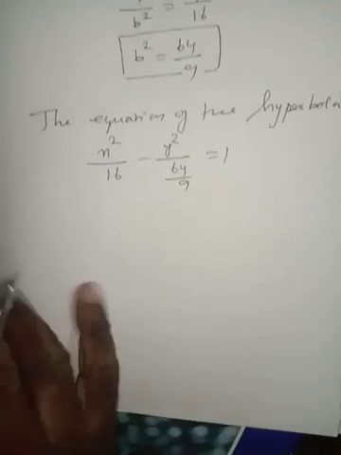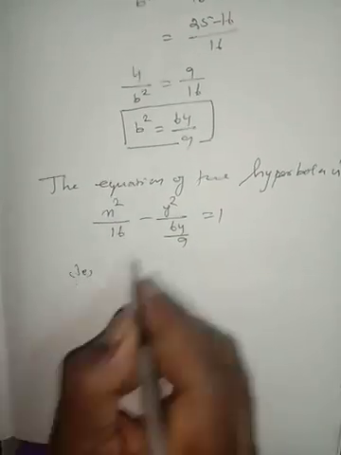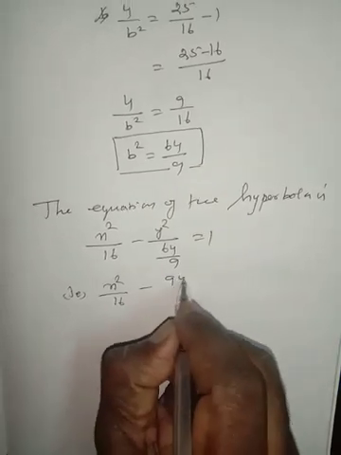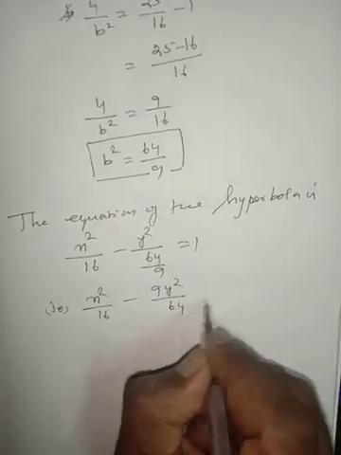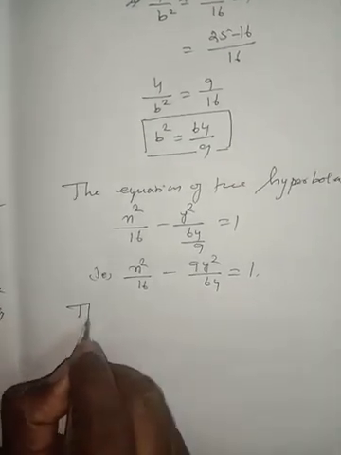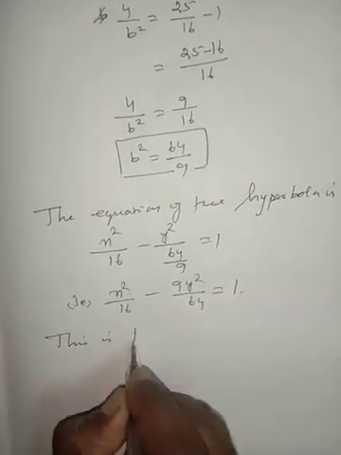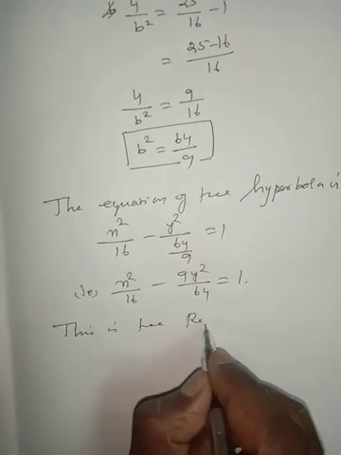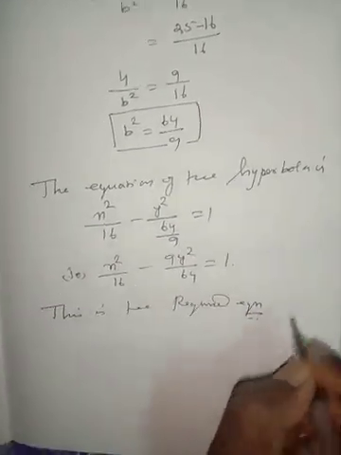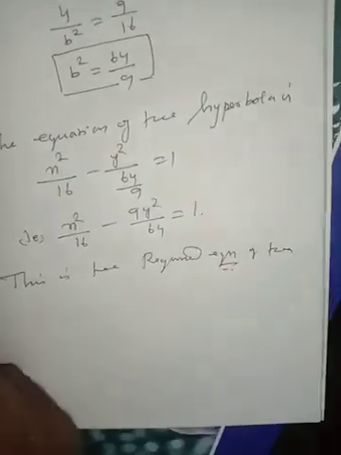That is, x square divided by 16 minus 9y square divided by 64 is equal to 1. This is the required equation of the hyperbola.